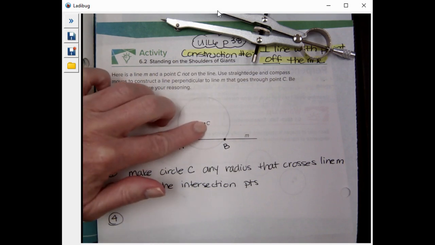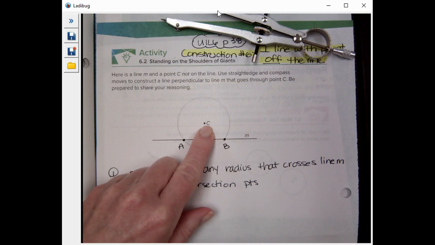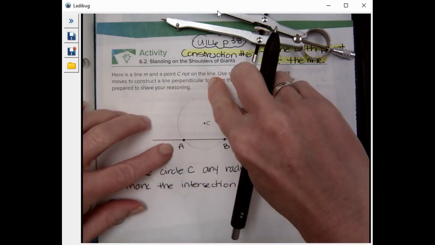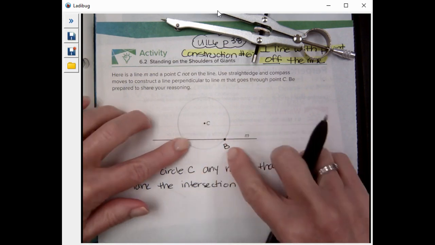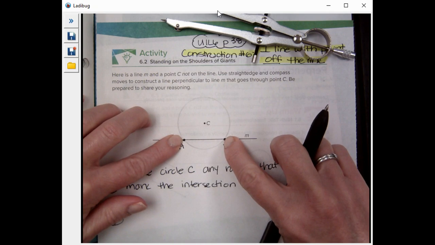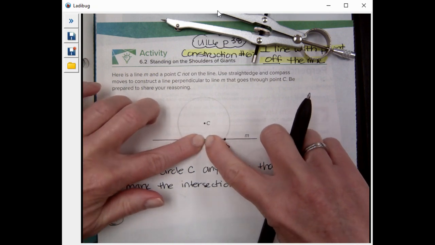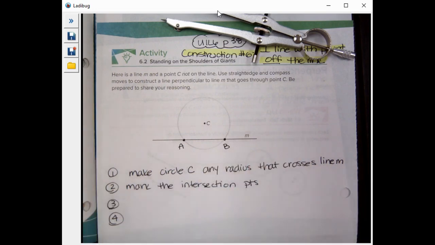A is the same distance to C as B is to C. So that means that C is right smack dab in the middle of A and B. If I drew the perpendicular bisector of AB, it should be going through C. C is the same distance from A as it is to B. It should be on the perpendicular bisector.